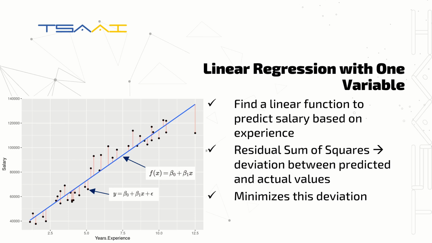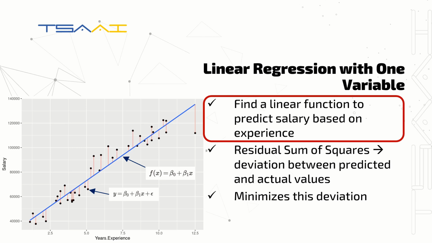Imagine having a data set with salary and years of experience as value pairs. Linear regression aims to find a linear function to predict salary based on experience. This is the special case of a linear regression with one variable. But how does it work?